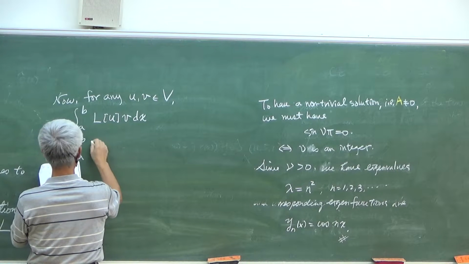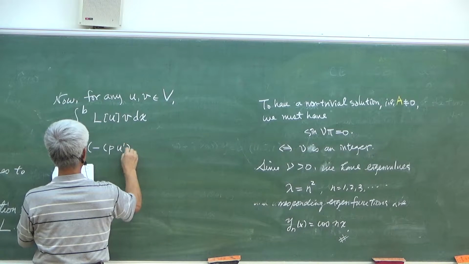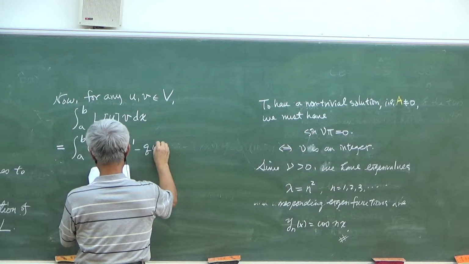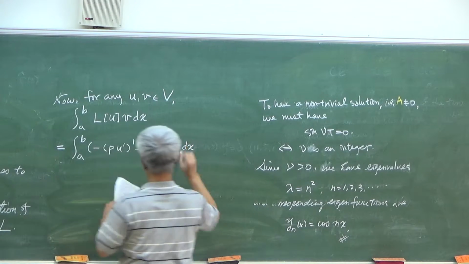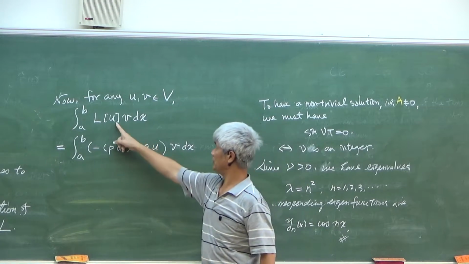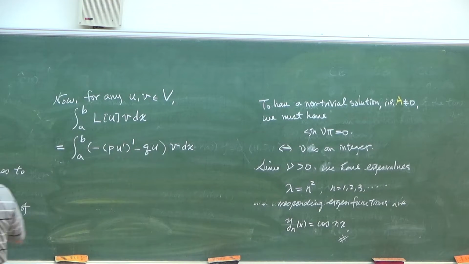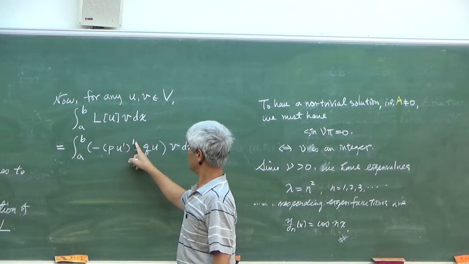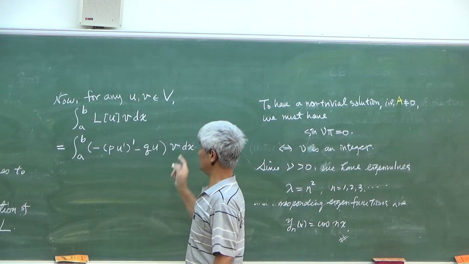By definition, this is equal to the inner product of L u and v, where L u by our definition is minus the derivative of p u prime, minus q times u, and times v.